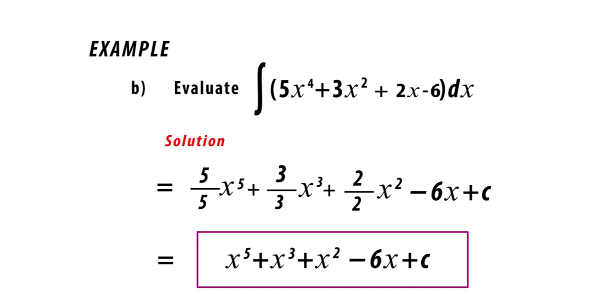You don't have to forget the c in case of indefinite integrals. Simplifying this will give us x to the exponent 5 plus x cubed plus x squared minus 6x plus c. I hope that was simple. Good.